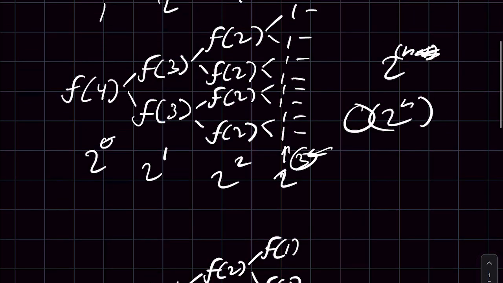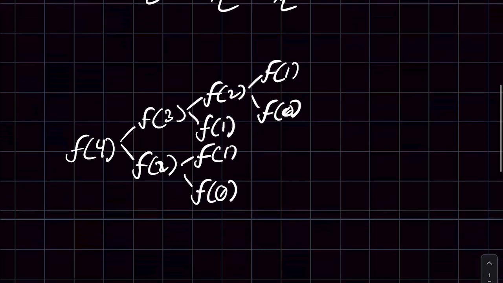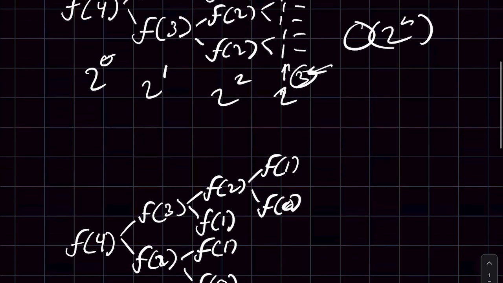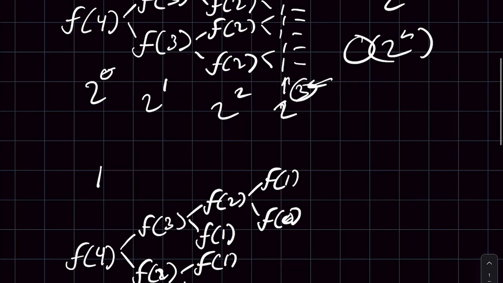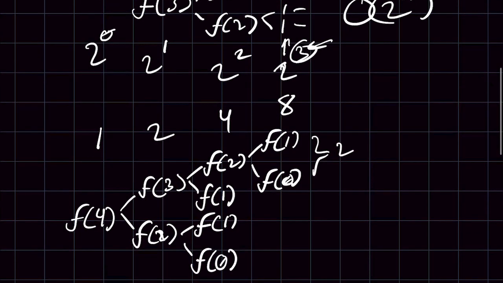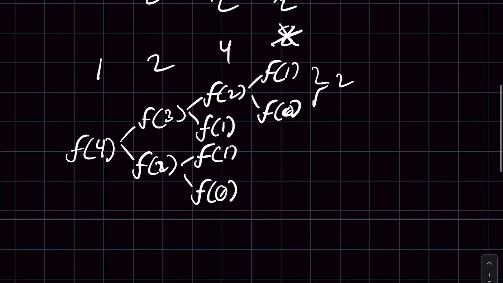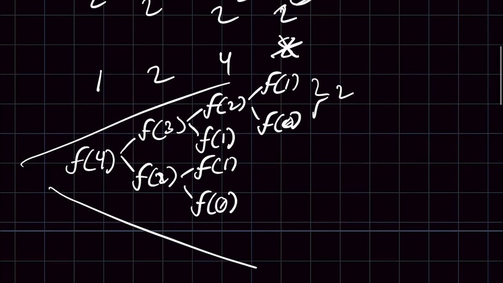Now this is not congruent with the exponential time complexity, right? Because this is 1, 2, 4, 8, but this is actually only 2, right? So it's technically not getting there, but the rate of growth is still congruent.